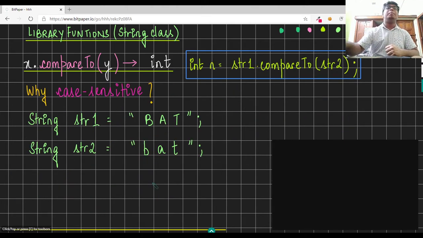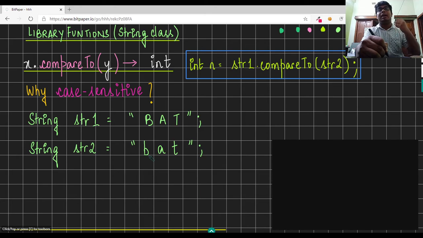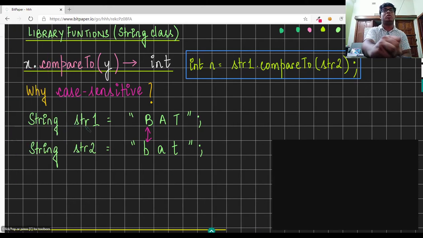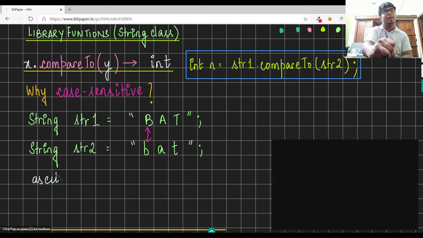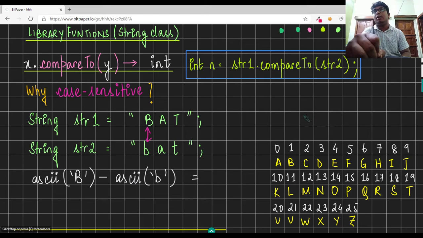What does that mean? It means that it does not consider characters from different cases equal. They are different. So here, the point of difference would exist in the first character, capital B and small b. Though they are the same to us, they are not the same to compareTo. Now, if we were to subtract the ASCII of small b from the ASCII of capital B, this is what we are going to get. We know that the ASCII of B is 66, 65 plus 1 gives you 66.